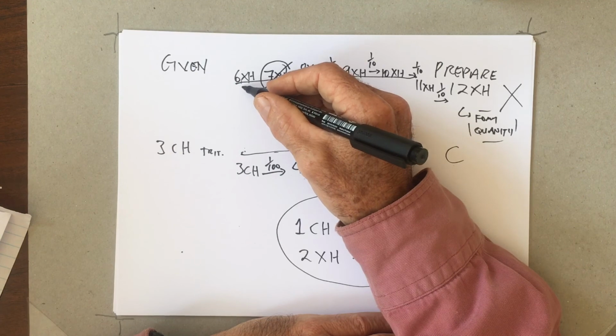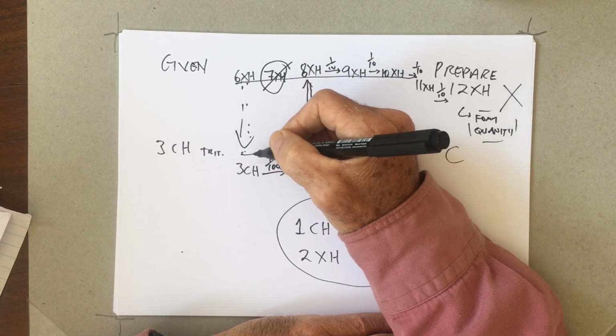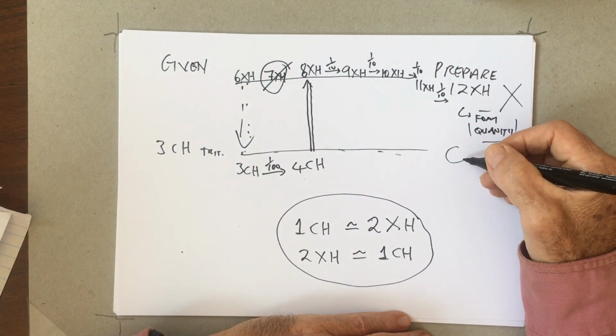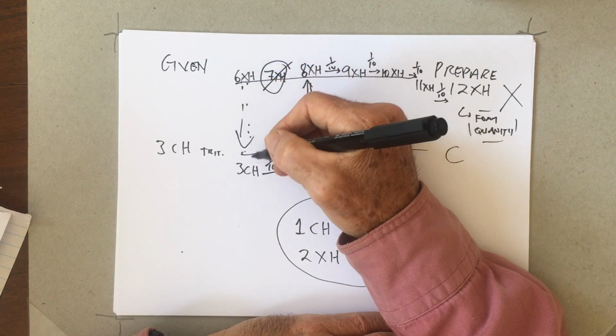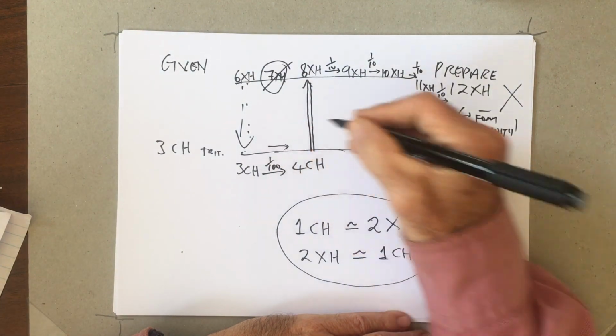One could have realized as well that that is equivalent to the 3CH, and if one was asked to prepare a remedy in the C scale, one would move it from the 6XH to regard that as 3CH and then continue onwards.